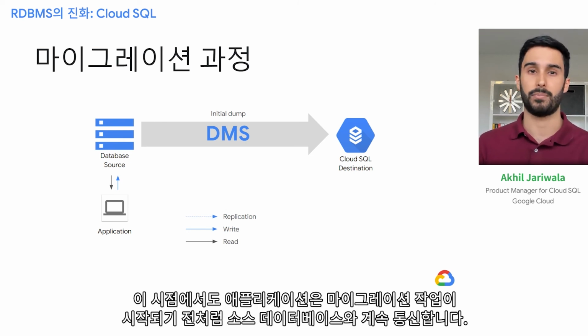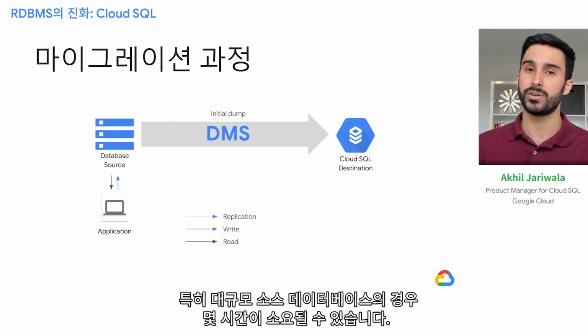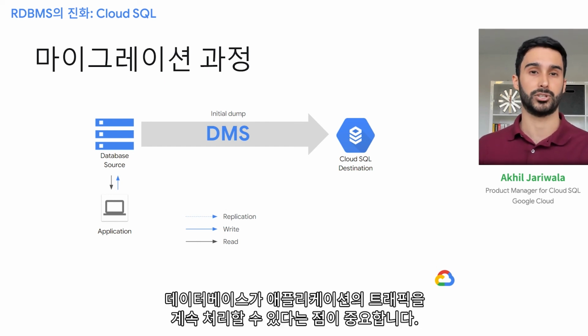At this point, the application is talking to the source database just as it was before the migration job was started. Now, this process to dump the data out of the source database and import it into the destination database can take a while. And for particularly large source databases, this could take hours. But what's important to know, as I said, is that the source database is still available to serve traffic for the application.